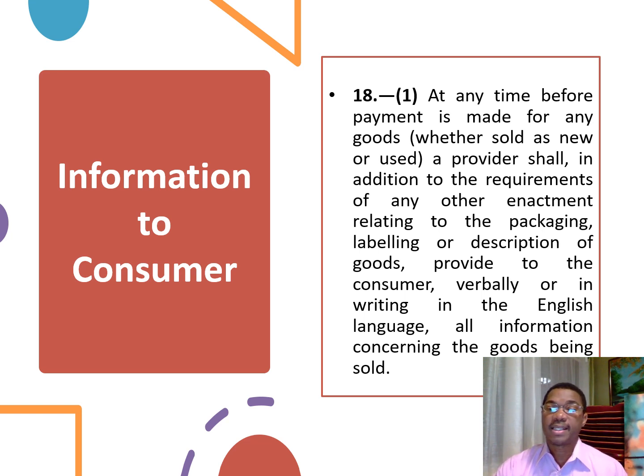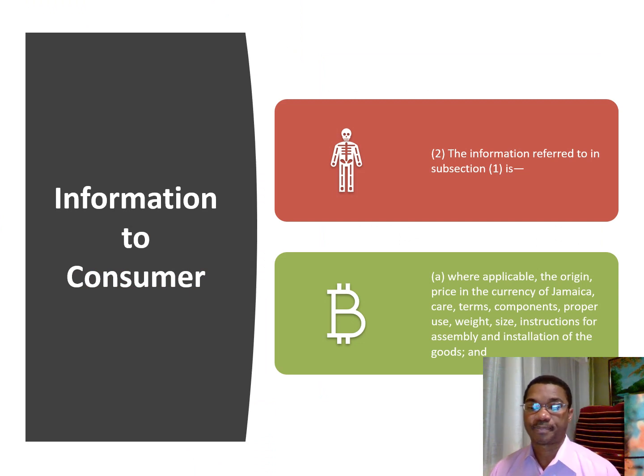That means the item must be packaged, must be labeled, there must be a description of the goods, and this must be written or verbal in English, and that is the language that we use here in Jamaica. And every bit of relevant information that relates to the good must be included in the item.